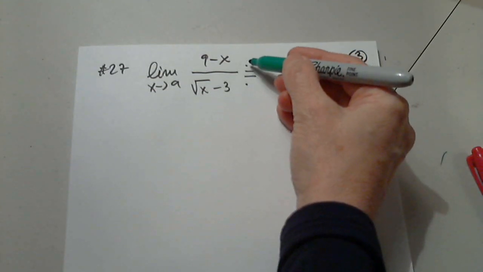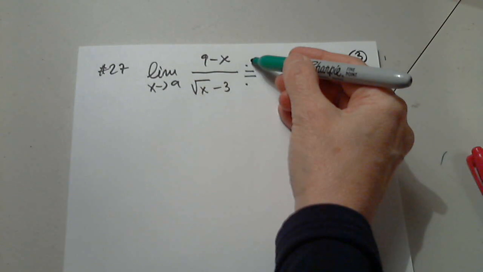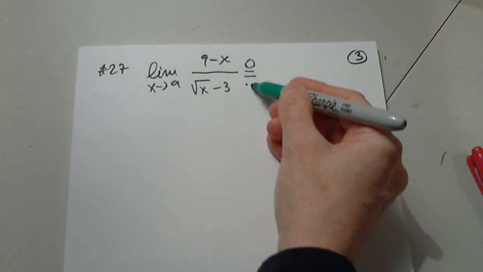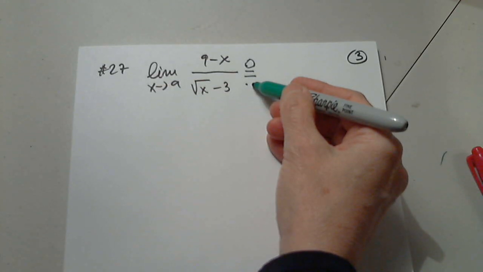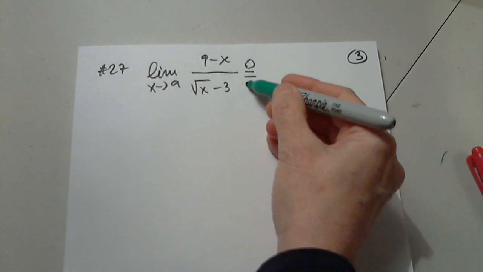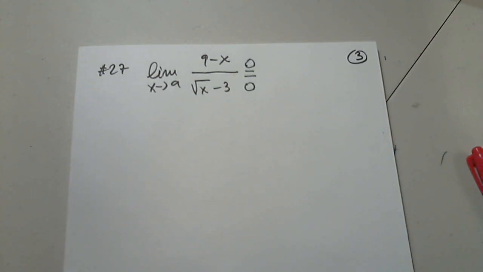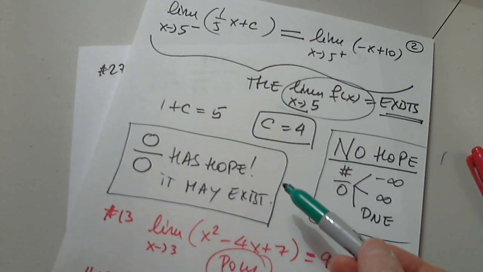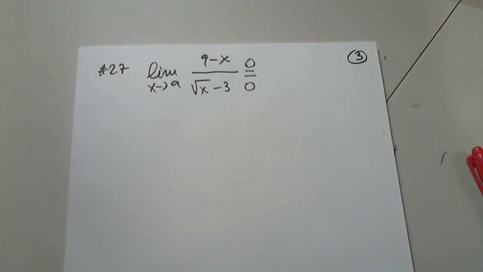Right, perfect. 9 minus 9, which is 0, over the square root of 9 minus 3, which is 0. Perfect. There is hope. Okay. Good.